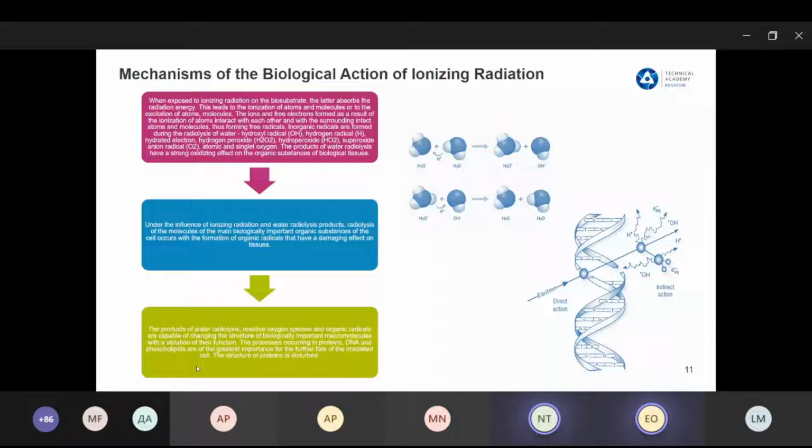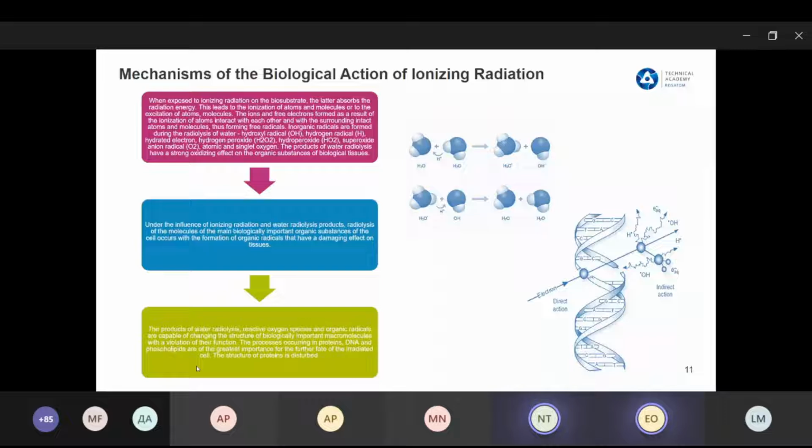The exception is lymphocytes, for which the interphase type of post-radiation death is the main one and is registered already after irradiation at doses of 1 or 2 grays.